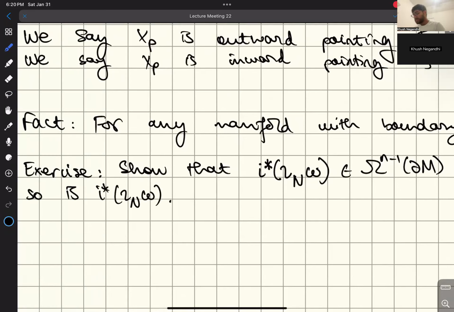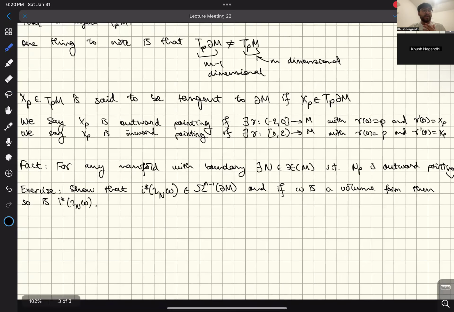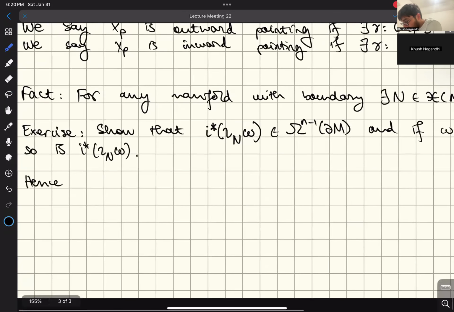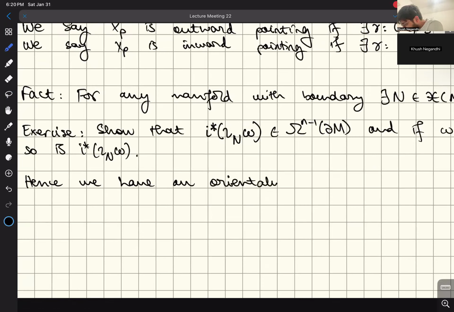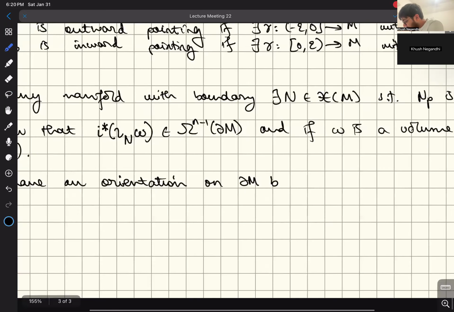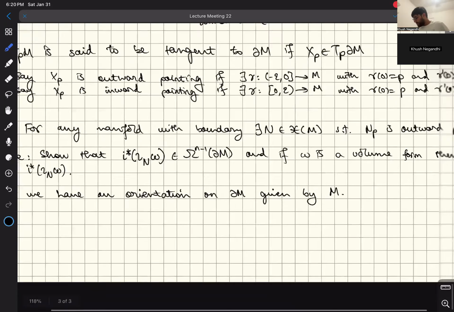And this will be an orientation. Hence, we have defined an orientation induced by M on the boundary. So we have an orientation on the boundary given by M.